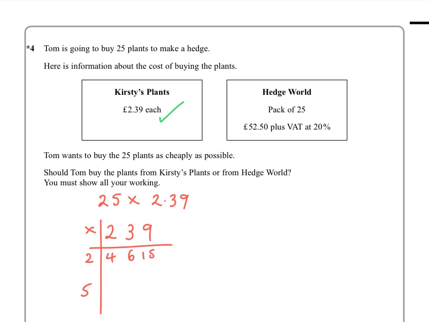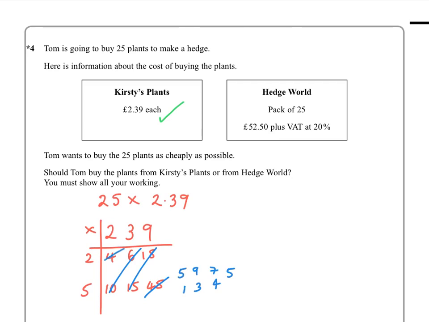So this is what we'd end up with. And you'd have your own multiplication method anyway, I'm sure. So 45, 33 and 4 is 37, 16 and 3 is 19, 4 and 1 is 5.